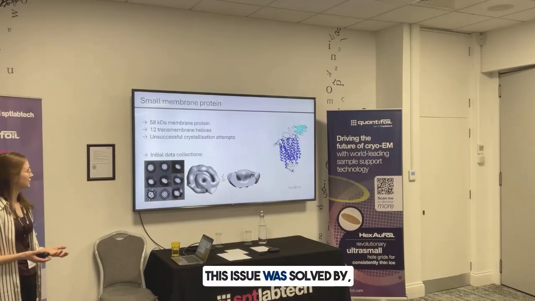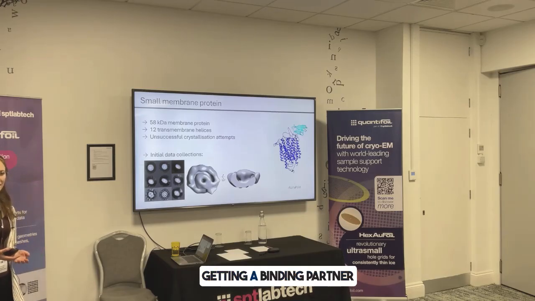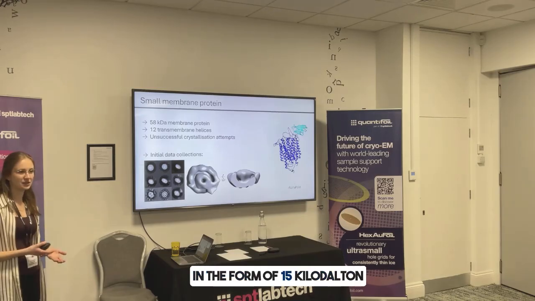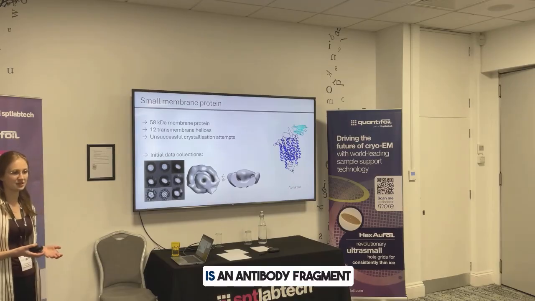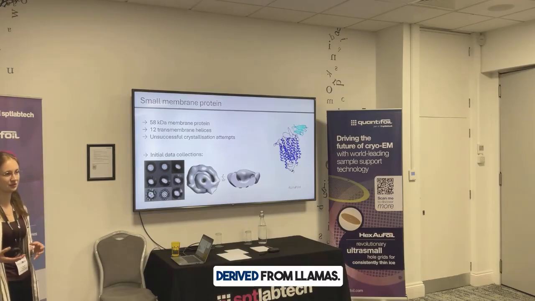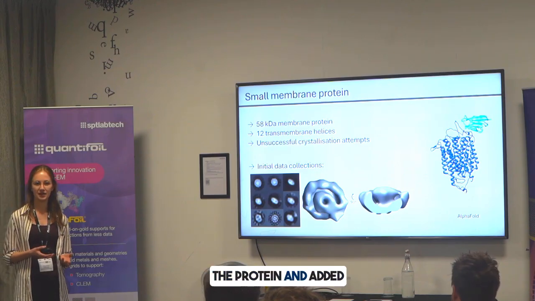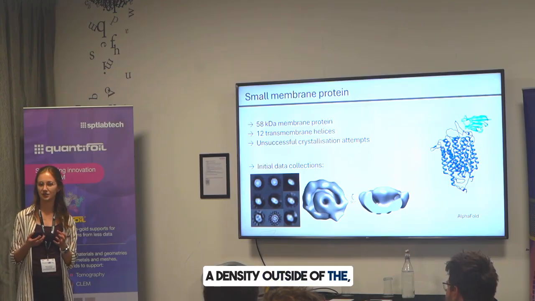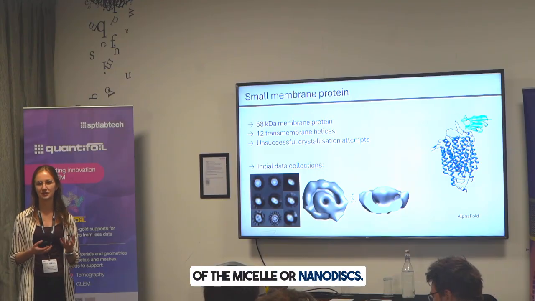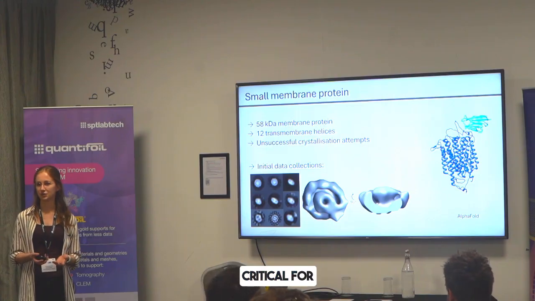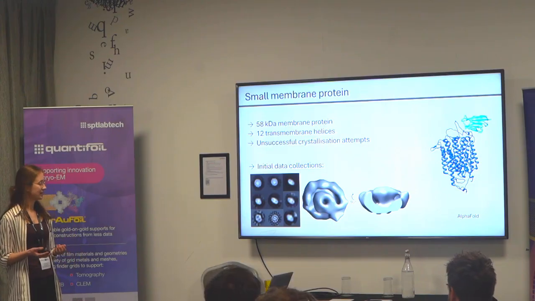This issue was solved by getting a binding partner in the form of a 15 kilodalton nanobody, which is an antibody fragment derived from llamas. The nanobody stabilized the protein and added a density outside of the micelle or nanodisk, and that was absolutely critical for particle alignment.